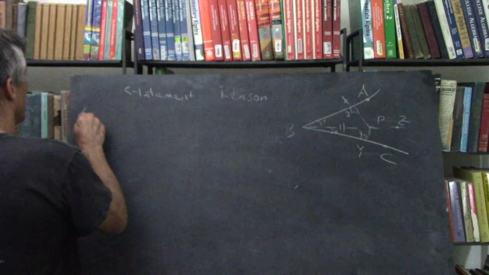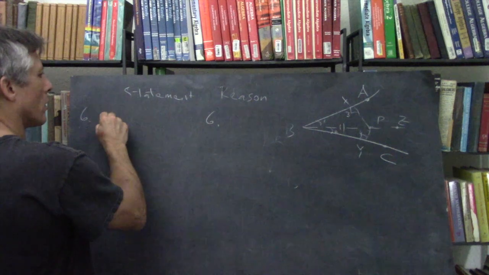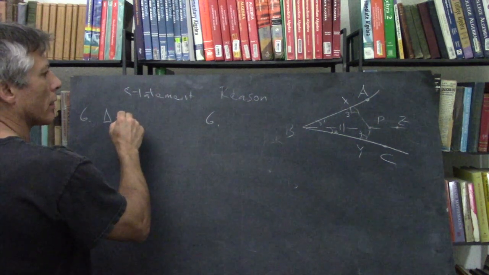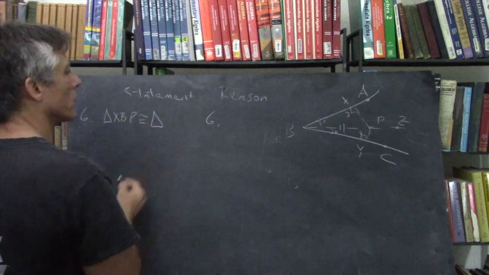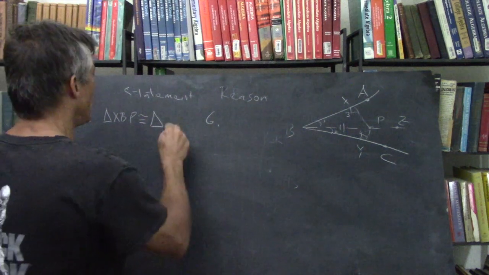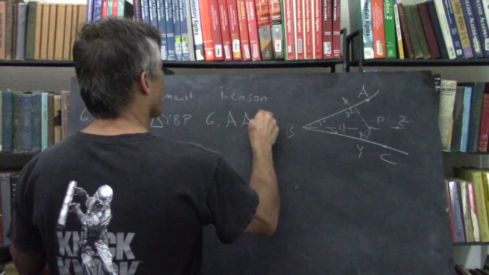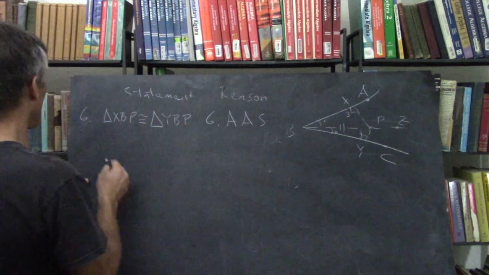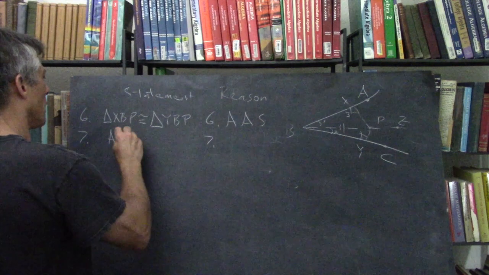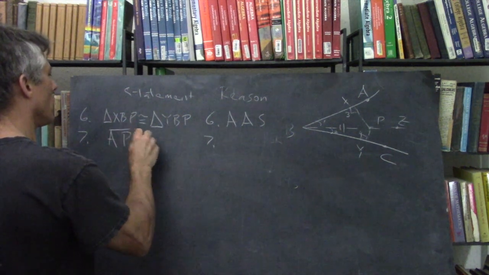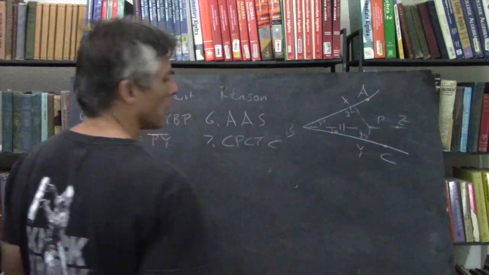So triangle XBP is congruent to triangle YBP, and that's angle, angle, side, and therefore XP equals PY by CPCTC.